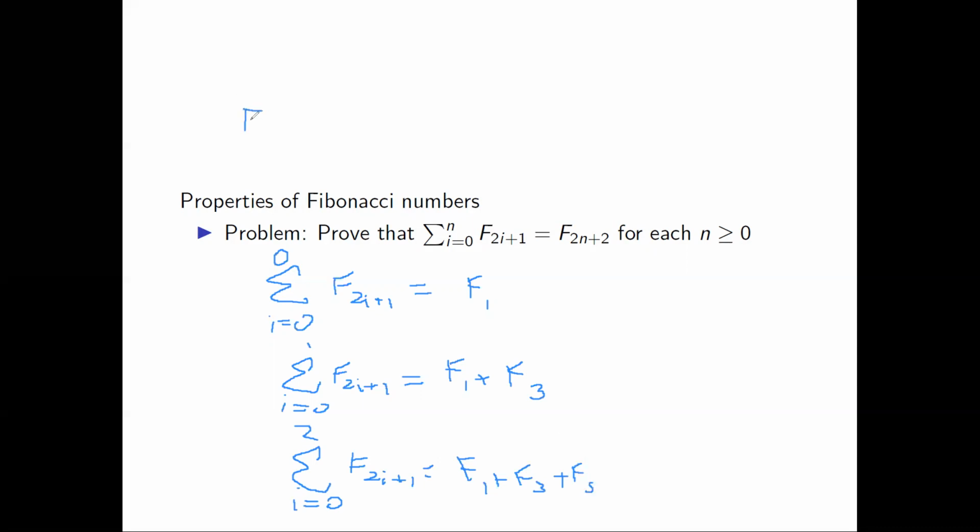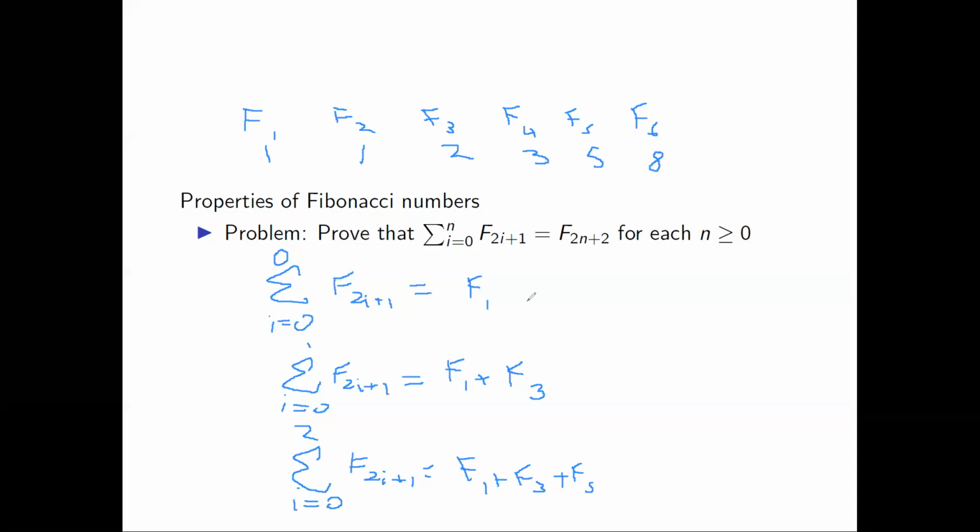We can write a few Fibonacci numbers up here. So we have f of 1 and f of 2, they're both 1. F of 3 is 2. F of 4 is 1 plus 2, which is 3. We got a 5 for f of 5, and f of 6 is 8.